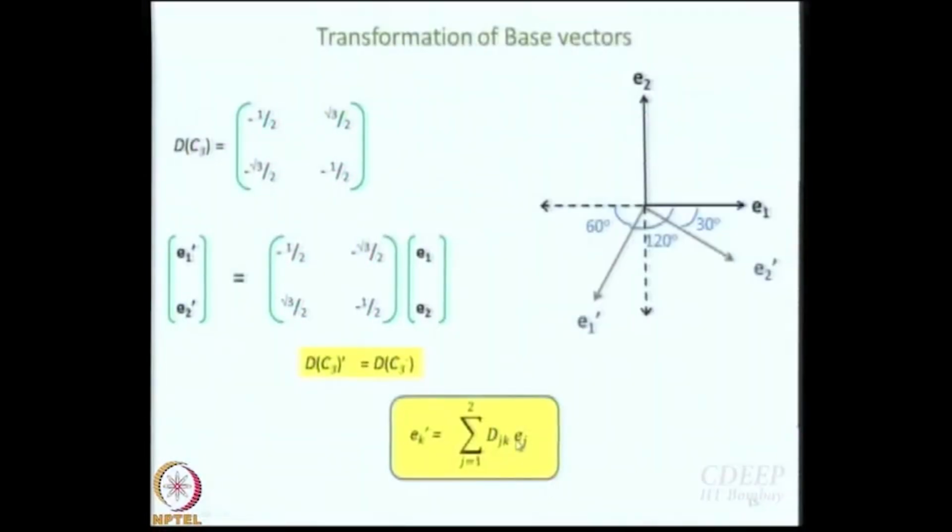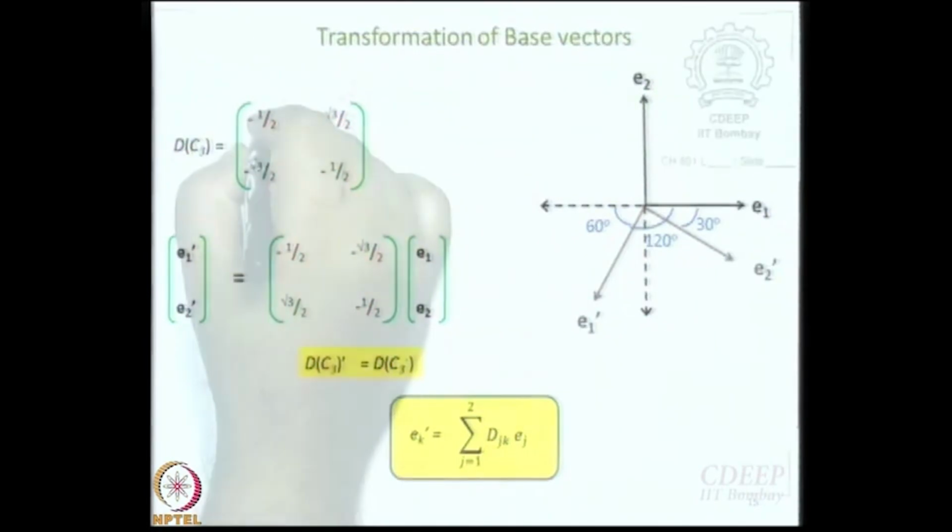What is the meaning of this djk ej? K is constant, right. What is the first subscript, what is the second subscript? First subscript is row, second subscript is column. So we are keeping the column constant and we are going down a column, row number is changing. Is that right?